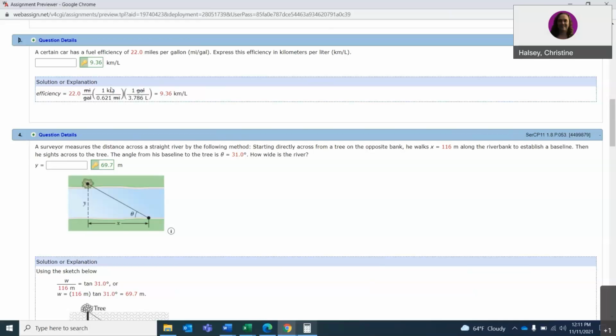So we have 2 ratios: the first for the conversion from miles to kilometers, and the second for gallons to liters. So a double ratio times the initial 22 miles per gallon.